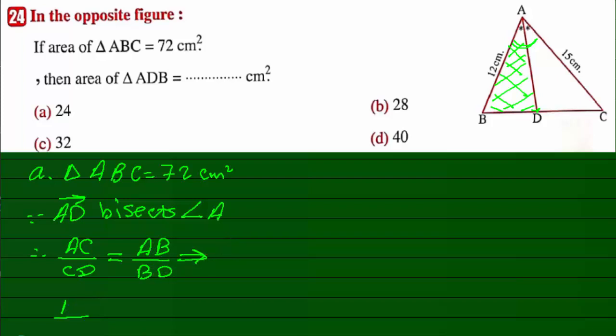That means AC, which is 15, over CD equals AB, which is 12, over BD.